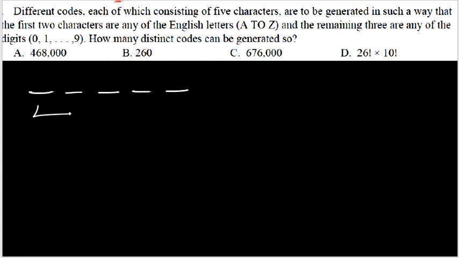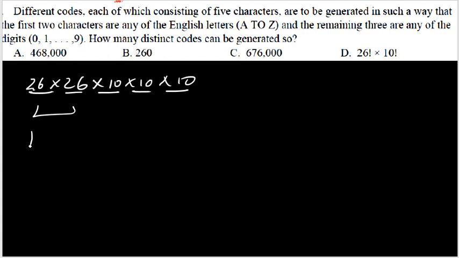The first 2 will be any English letters, which means we have 26 times 26 chances, and the remaining 3 are any of the digits from 0 to 9. We have 10 possibilities, so we can say 10 times 10 times 10, because it doesn't say no repetition, so we can repeat.